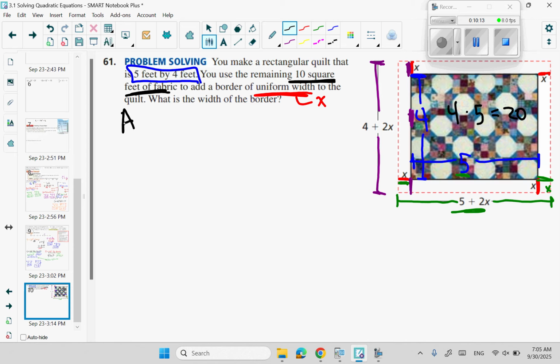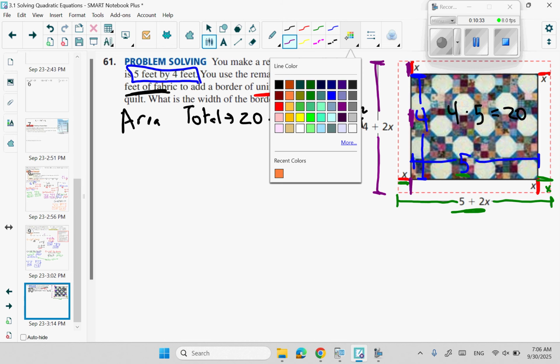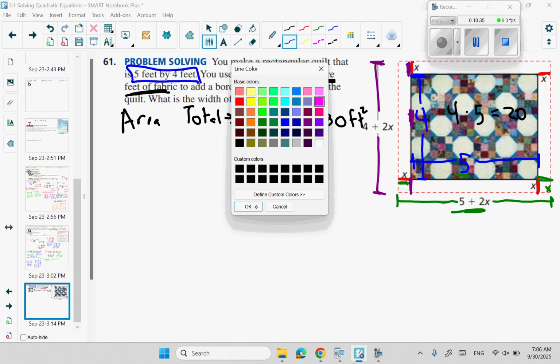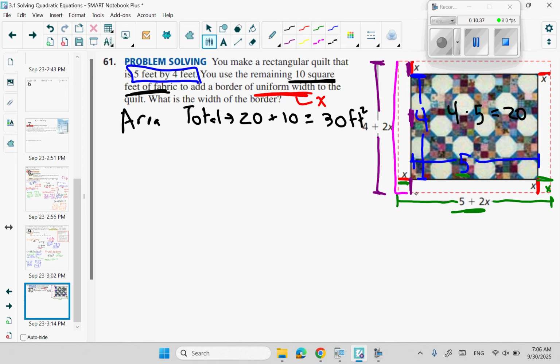So I know that my area total has to be the 20 plus the 10 I'm going to add for the border. So I know the total area has to be 30 feet squared. And that's the area for the big rectangle here.